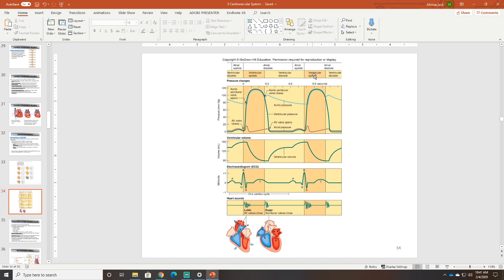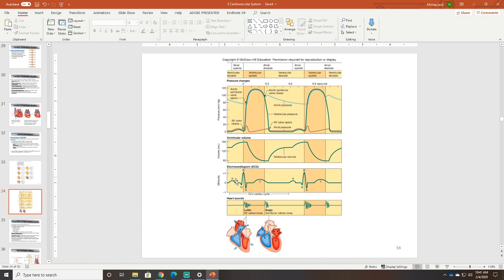Now we have ventricular systole again. We contract, build pressure until we open the aortic valve, and then volume will drop in the ventricles, particularly the left ventricle, since we're talking about the aortic.